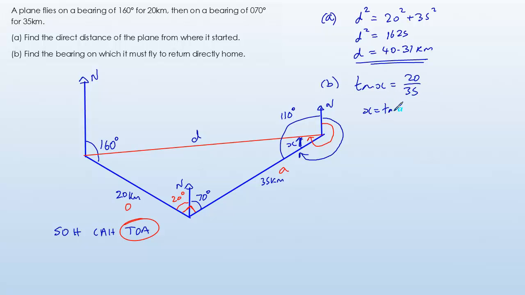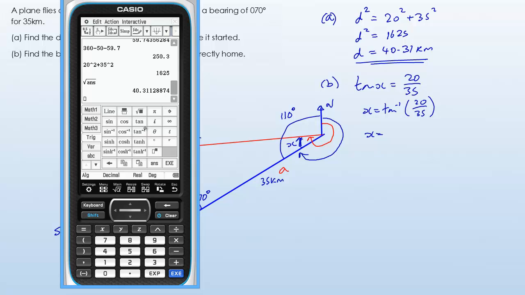So x is the inverse tan of 20 over 35. And so we have the inverse tan of 20 over 35 gives us 29.7 degrees.